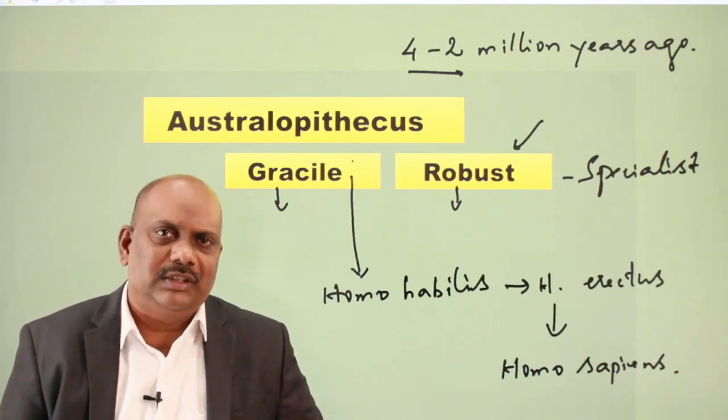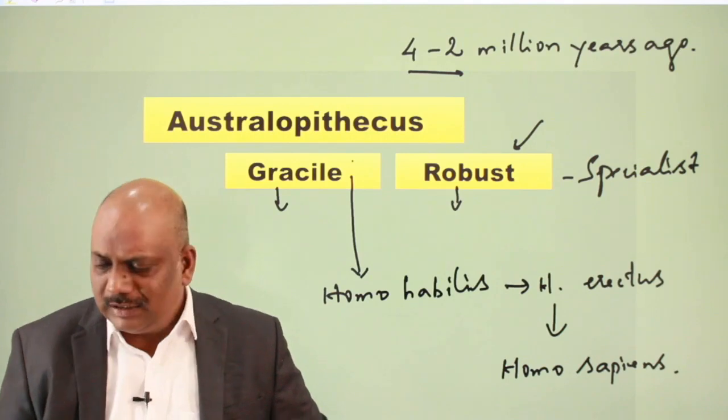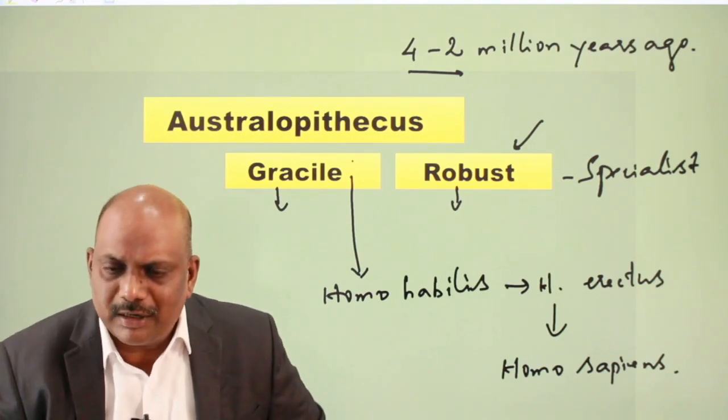So it is the gracile form of Australopithecus which got further evolved into Homo habilis. Okay, so as I told you, there are a number of important species in Australopithecus.